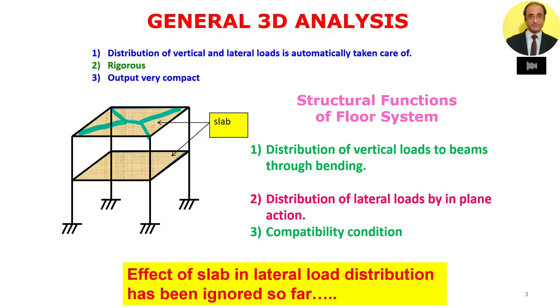The other is that we devise the formulations of the members, especially the members which are in a horizontal plane, which are part of the floor system. Their stiffness matrices are modified such that the effect of the slab is automatically taken care of. So in this course, we will be using the approach of modifying the formulations.